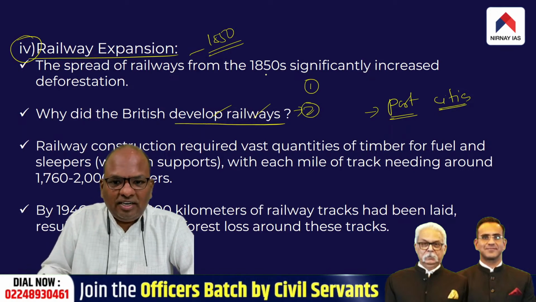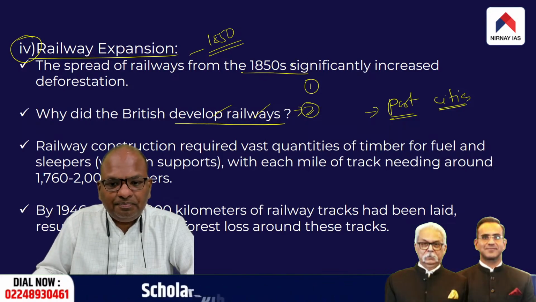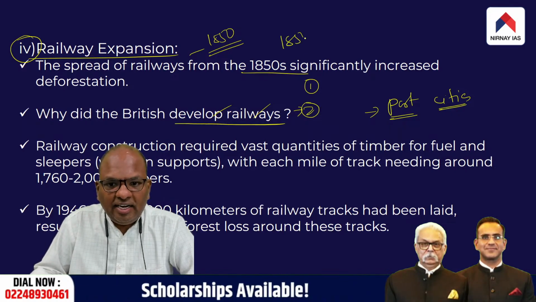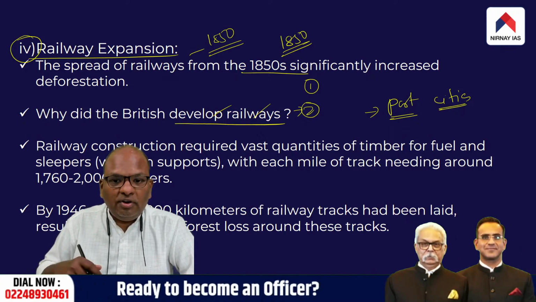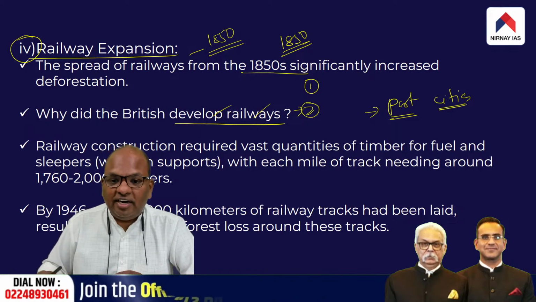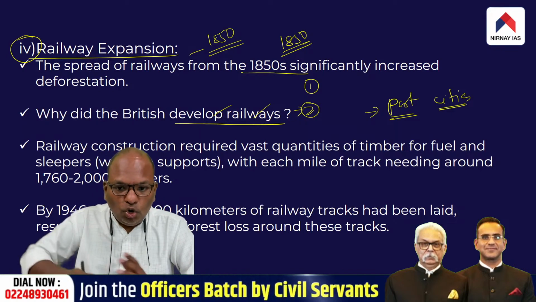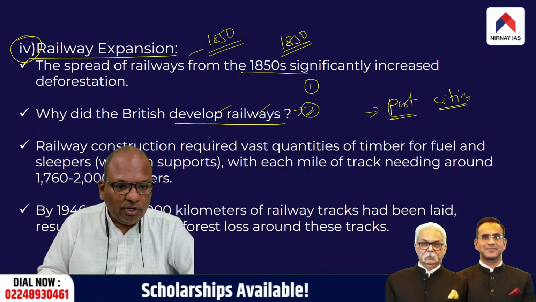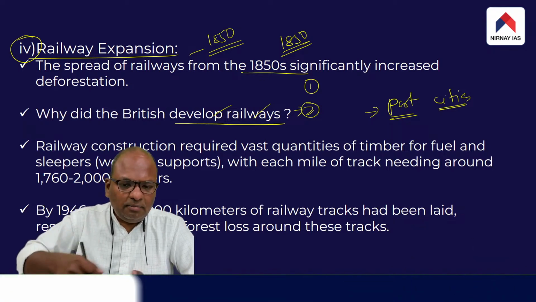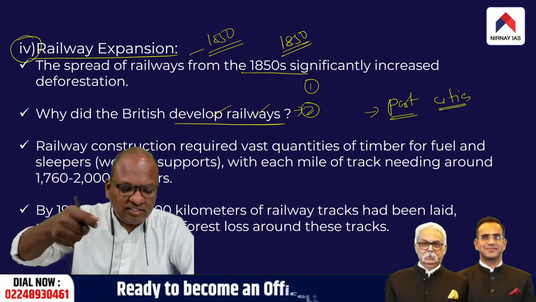The development of railways in India essentially began in the 1850s. But the railway development also in a way led to deforestation in India, because to run the locomotive, the rail engine, back in those days fuel wood was used. Now we have diesel locomotives, and some are run through electricity as well.